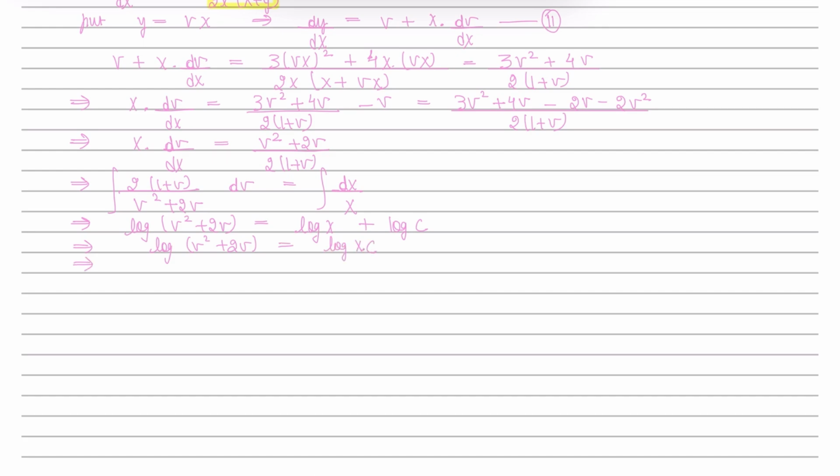Taking anti-log both sides, it becomes v square plus 2v is equal to x into c.